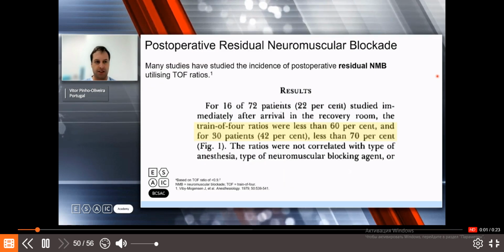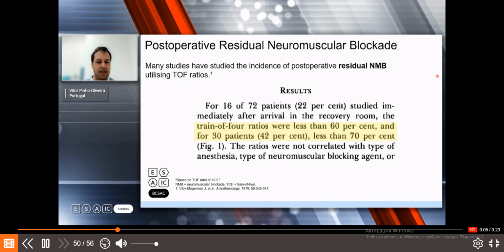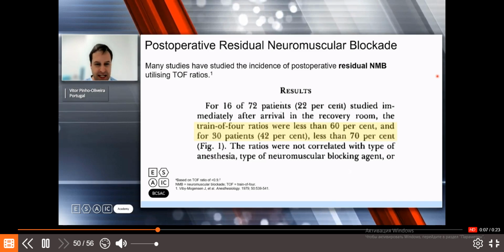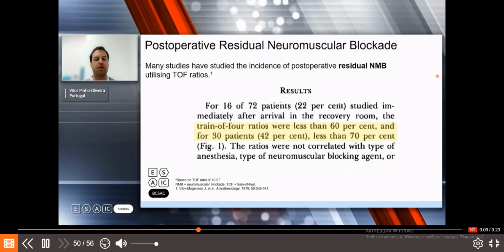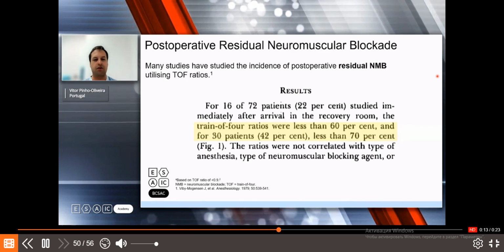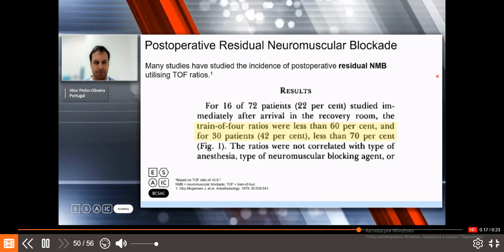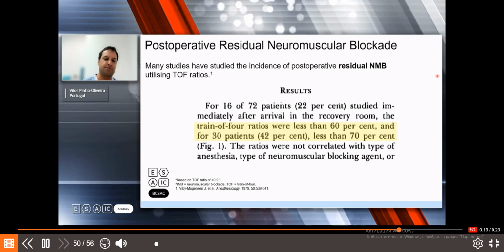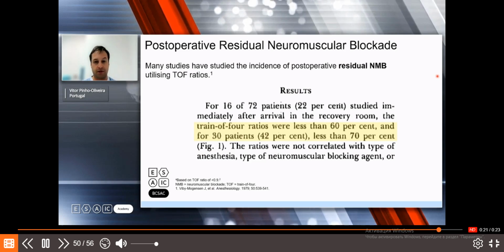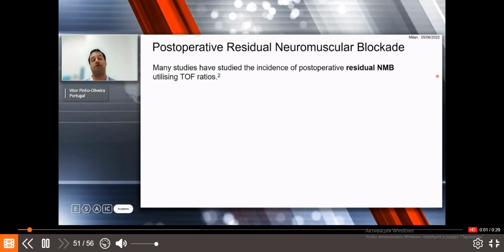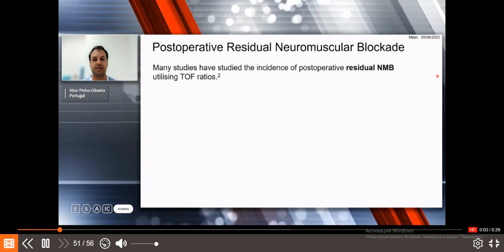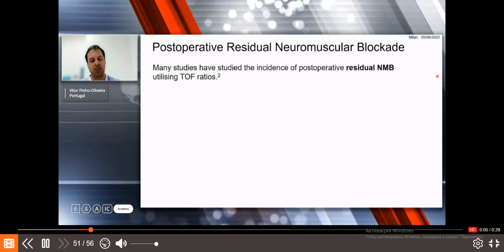Just a short notice on the incidence of postoperative residual neuromuscular blockade. This is an article from 1979 that reported that 42% of the patients arrived at the recovery room with a train of four of less than 70% recovery. And we may think that the incidence would change with time.